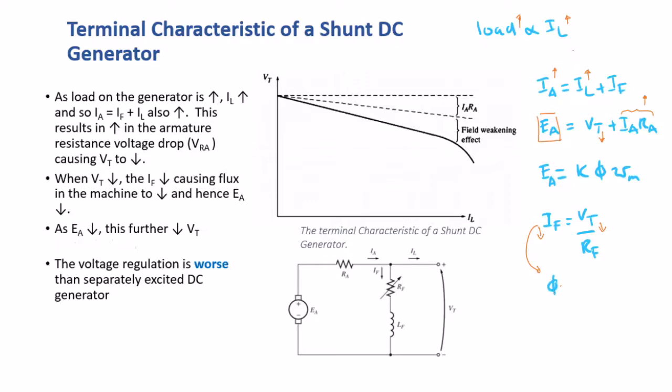So when the IF drops, the flux also drops, and therefore it will also have effects on our internal generated voltage EA. EA will then be decreased as well.